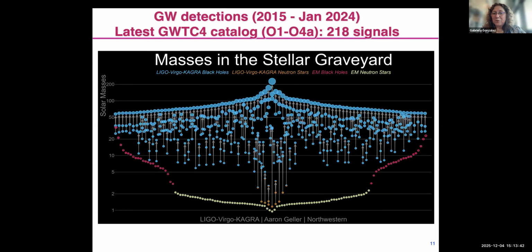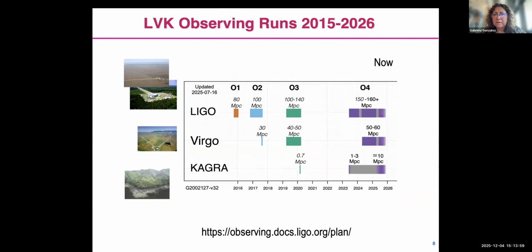Again, this is not what I'm going to talk about, but you know that with this sensitivity and this science run, we have had a multitude of signals. We just published the catalog that has 218 signals from O1 to O4. To the first part of O4, we still have O4B to analyze and O4C to analyze.